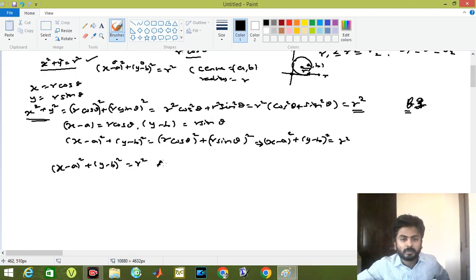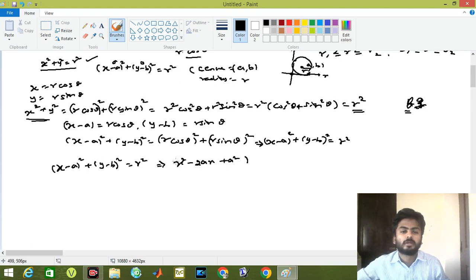This can be expanded as x square minus 2ax plus a square, and plus y square minus 2by plus b square equal to r square.